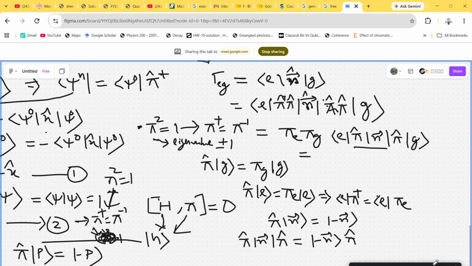If pi acts on minus r again, it will become plus r, right? Like it's operating parity twice. One is r becomes minus r, then minus r becomes r. So what will you gain? You will get a negative sign only.